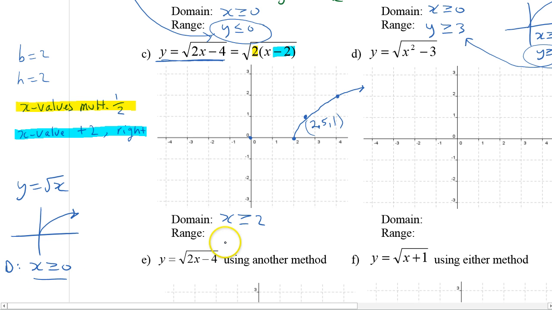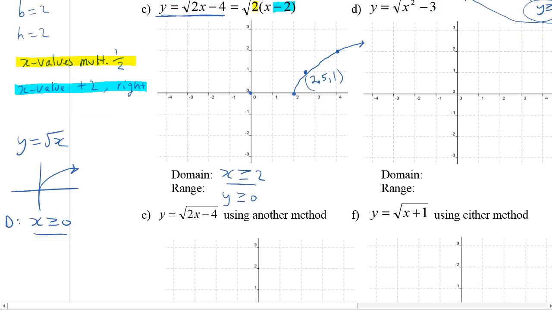So why did this change? Well, the multiplying again didn't do anything, but the +2 changed it to x is greater than or equal to 2 when I moved it over to the right. What happened to the range? Well, there were no changes in my y values, and the y values still go from greater than or equal to 0, so that stays the same.